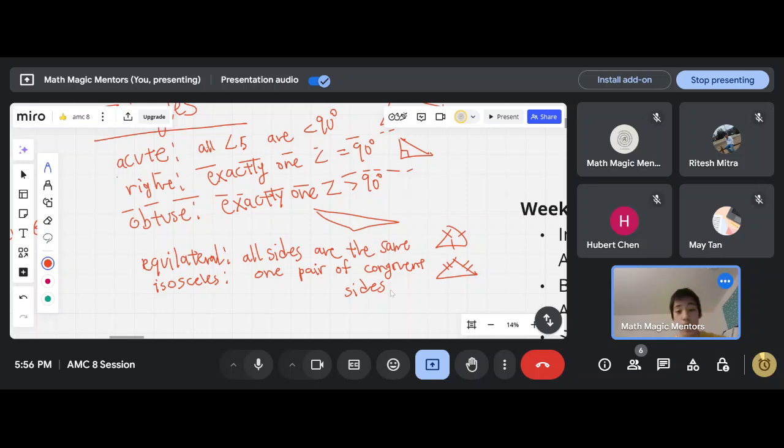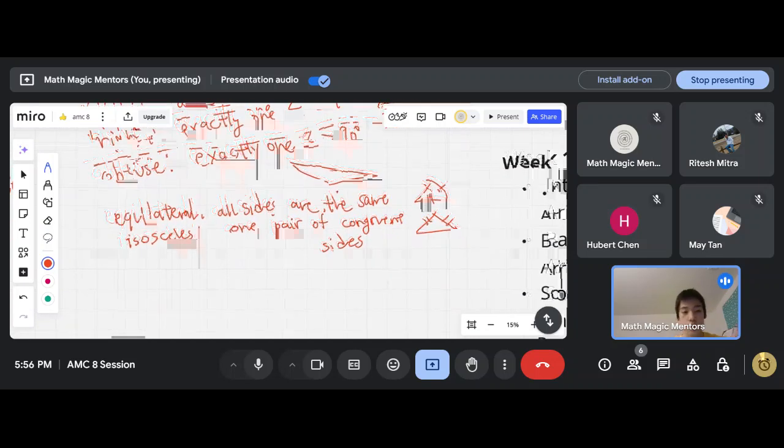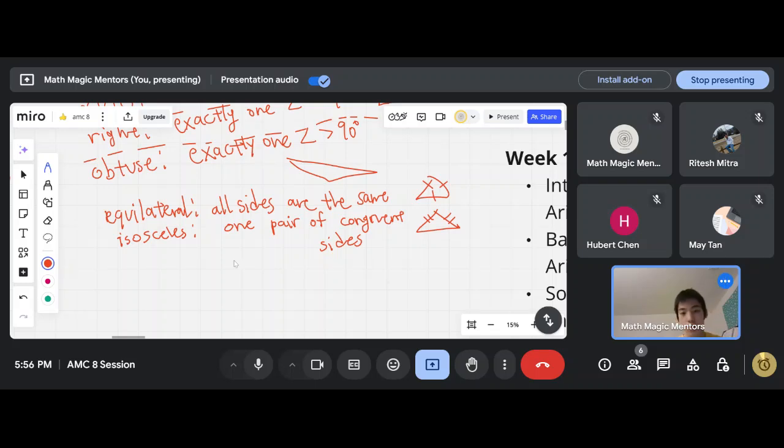So that means an equilateral triangle is also an isosceles triangle, since three sides are the same and matches our isosceles triangle definition. So at least one pair. And scalene is where all sides have different lengths.